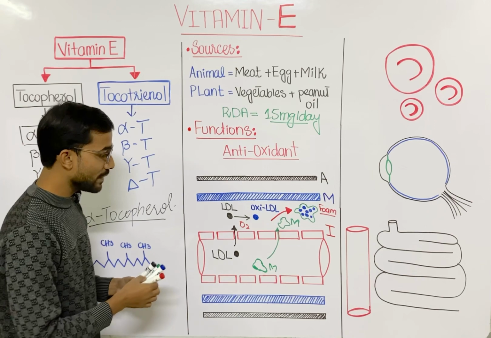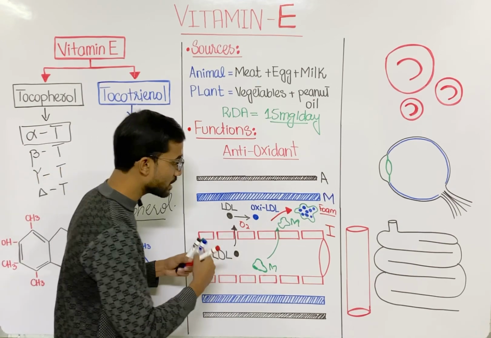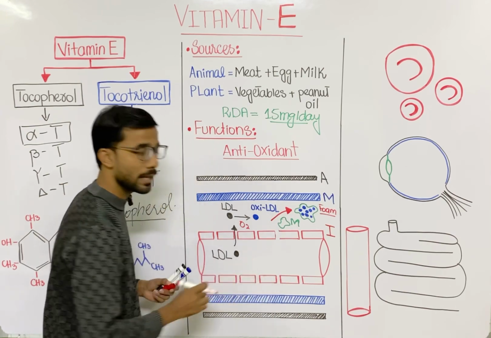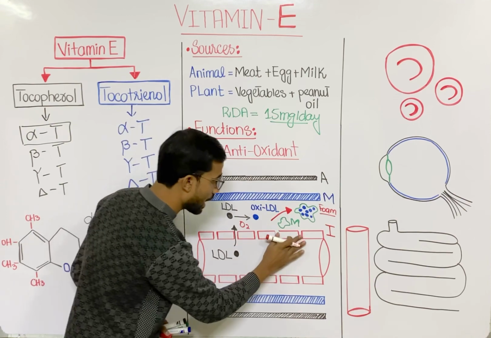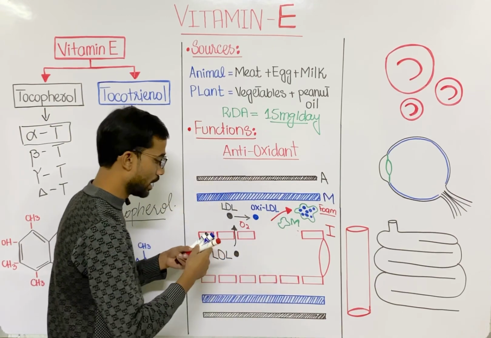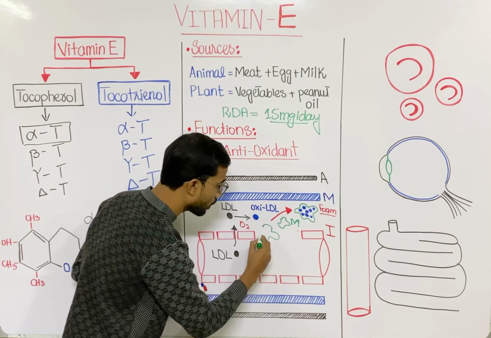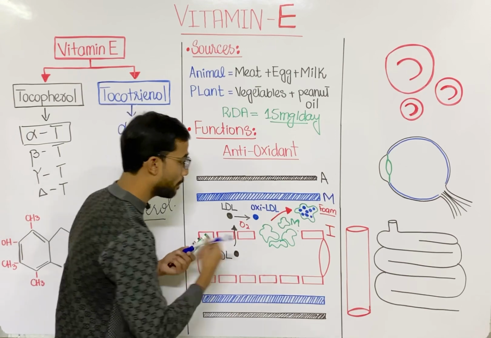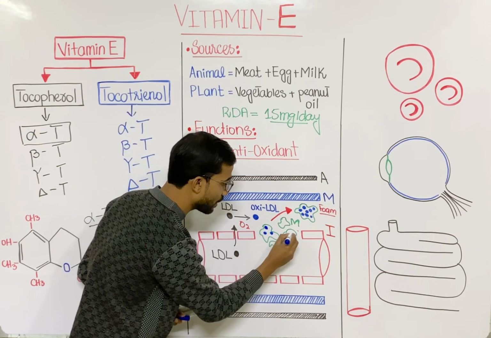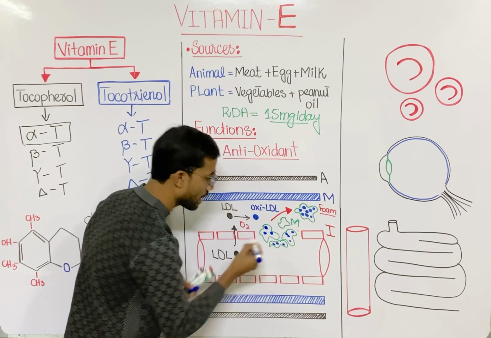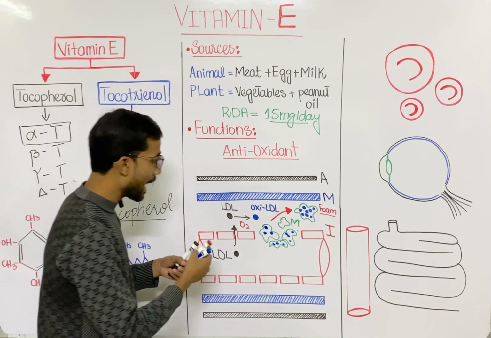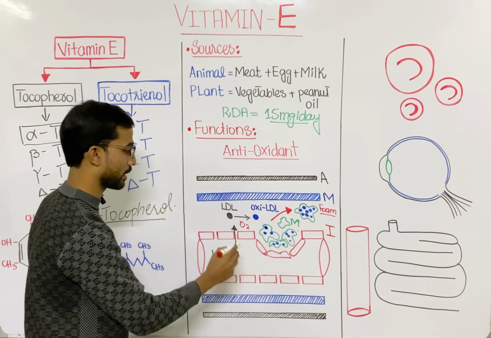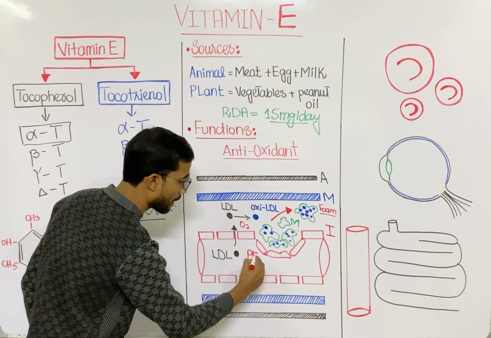A state is reached where a lot of foam cells accumulate in the layer of the blood vessel, ultimately leading to the formation of plaque. These are the foam cells having oxidized LDL, and this leads to the formation of plaque.